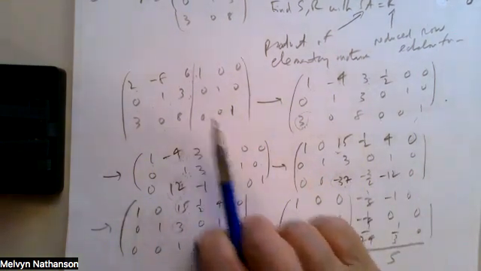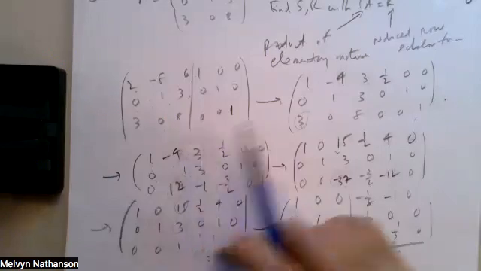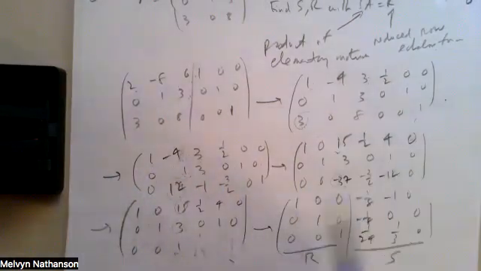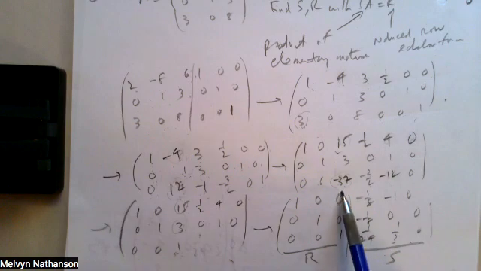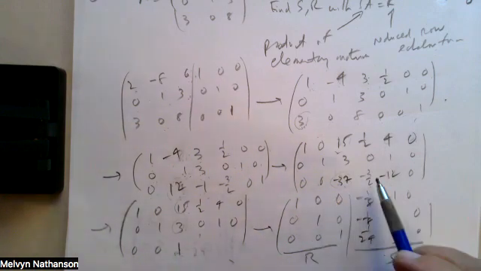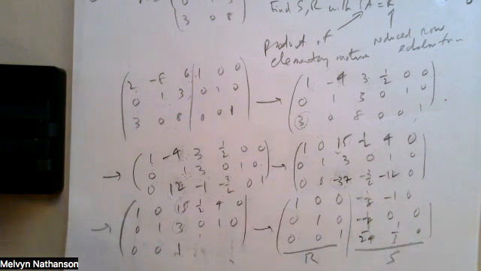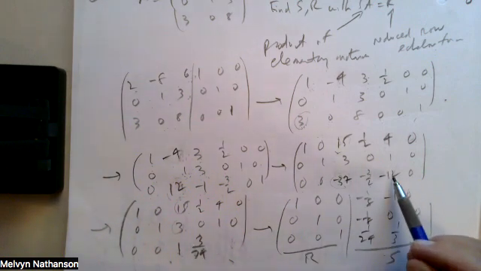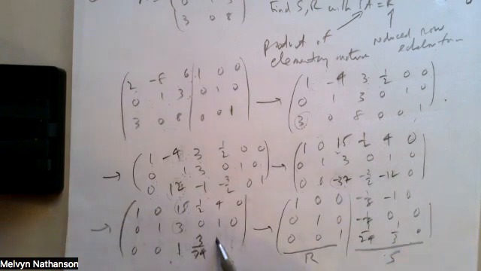Now I get complicated fractions, but maybe I can't avoid that. I get 1, 3 over 2 times 37. 2 times 37 is 74, so this is 3 over 74. Minus 12 over 37 is 12 over 37 and 0.